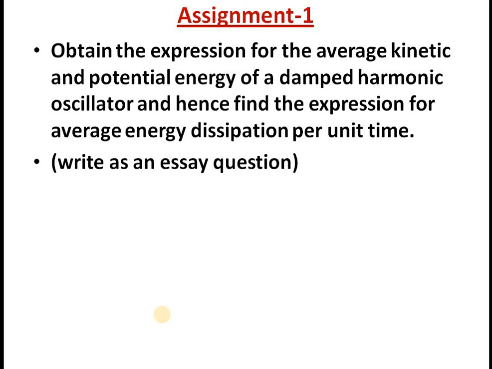So here you have a question now. Whatever is discussed in the video is asked in the question as an essay question. There is no other numerical problem. The question goes like this: obtain the expression for the average kinetic and average potential energy of a damped harmonic oscillator, and hence find the expression for the average energy dissipation per unit time.